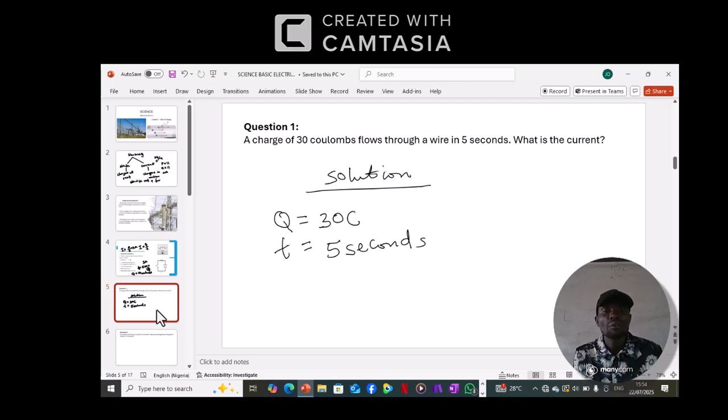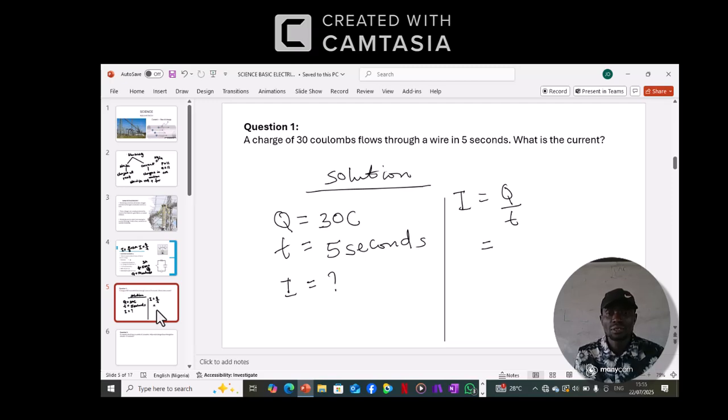So what will be the current? Then what you do is write the formula out. I equals Q over T. Now let's substitute.